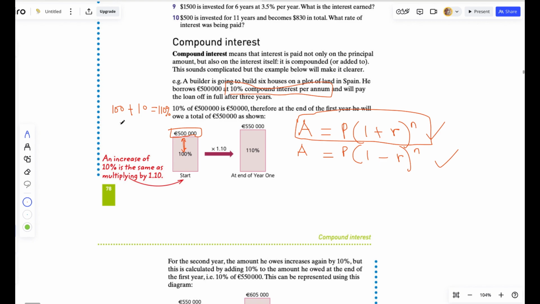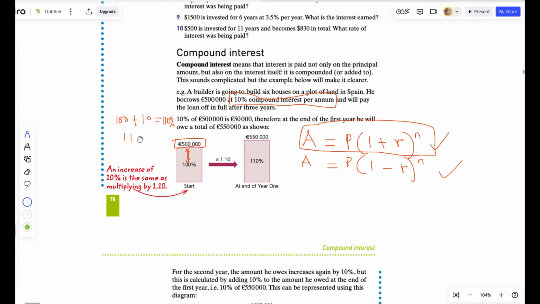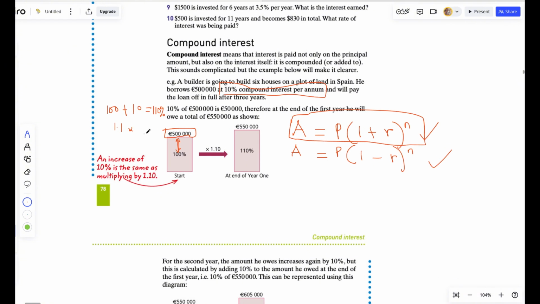So we have 1.1 multiplied by the 500,000 you borrow, irrespective of any amount you borrow. You multiply by that amount, you get what you're going to pay at the end of the first year. You'll be paying $550,000, just in 1 year. You borrow $500,000, your debt is now $550,000.